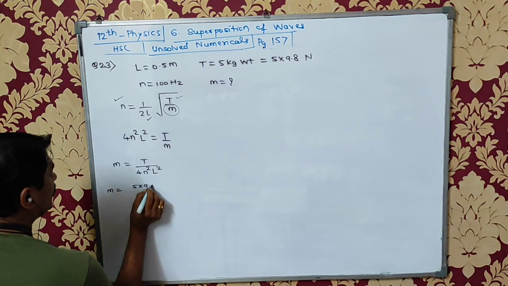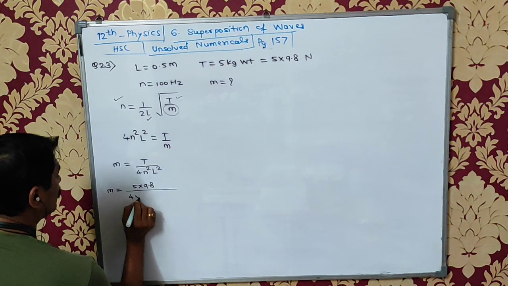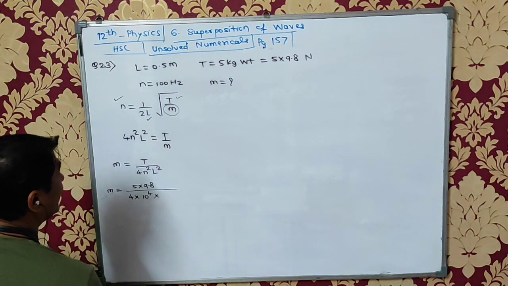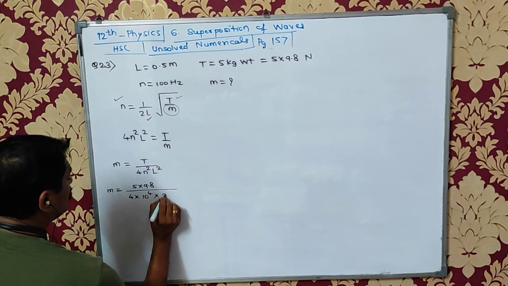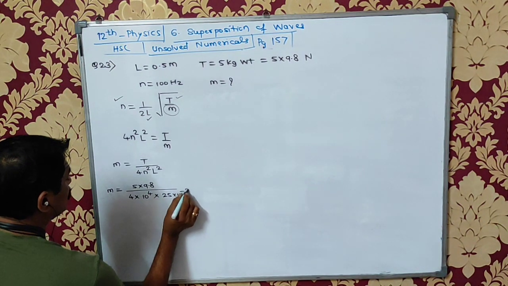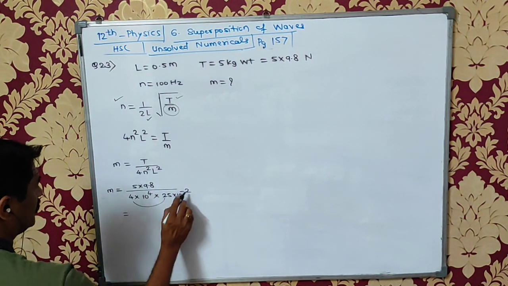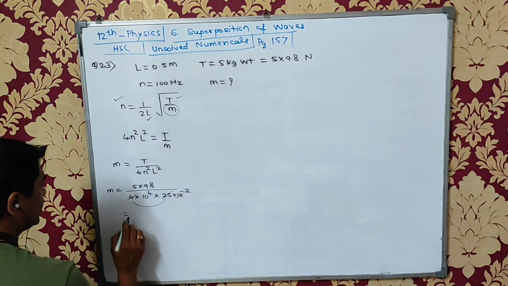M is 5 into 9.8 upon 4 N square, 10 raised to 4, L square, 25 into 10 raised to minus 2. So 25 for the 100 or 10 raised to minus 2 gets cancelled.